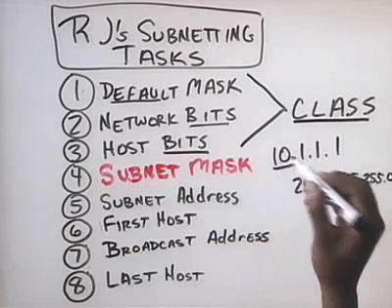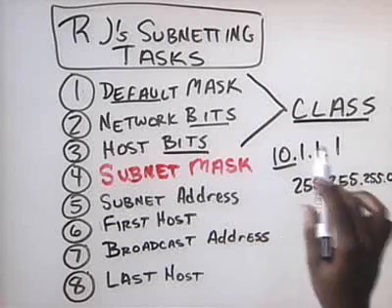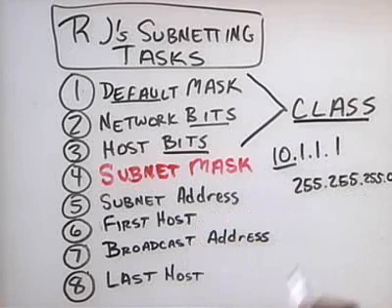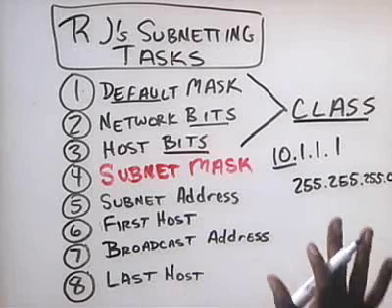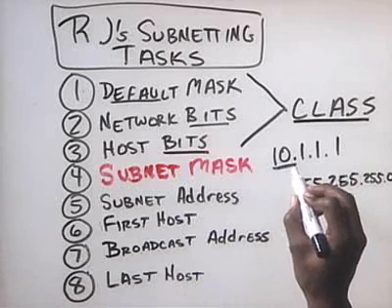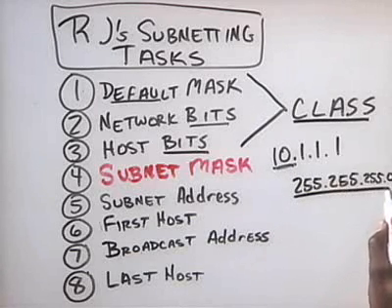They'll say, oh, it's a Class A. But I'll say, what class mask is this with this address? And they'll say, well, that's a Class C mask with a Class A address. And that's actually not correct. This is a Class A address with a 24-bit mask.